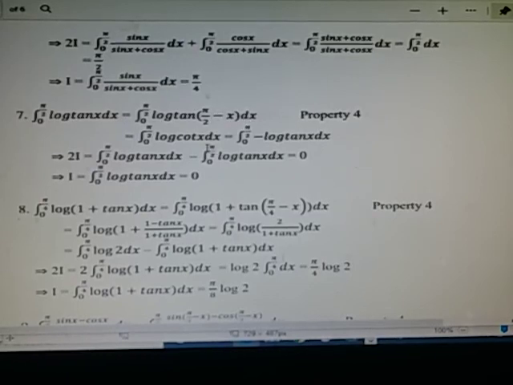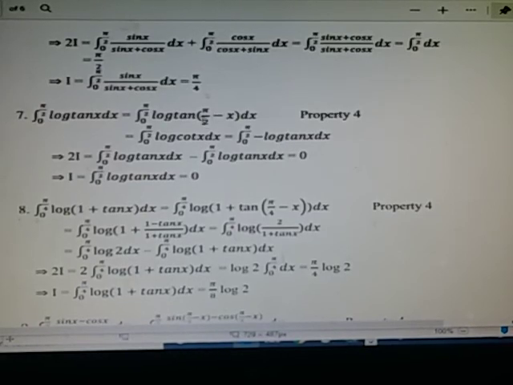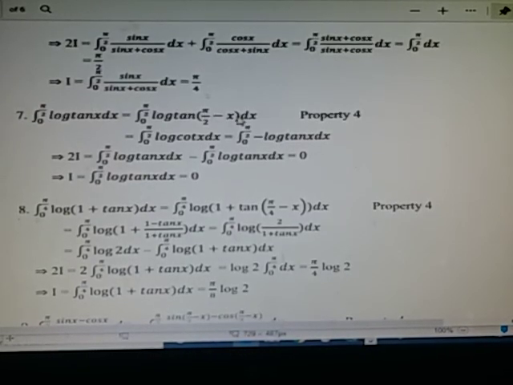Here tan of pi by 2 minus x is cot x, but cot x you can write as 1 by tan x, the reciprocal of tan x.